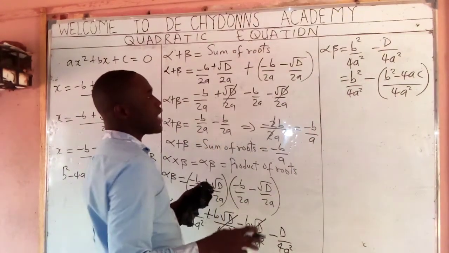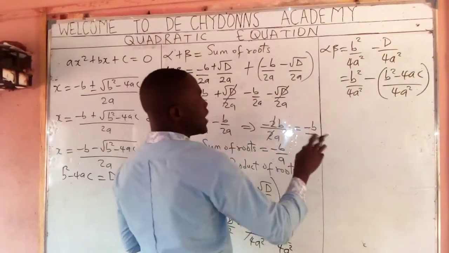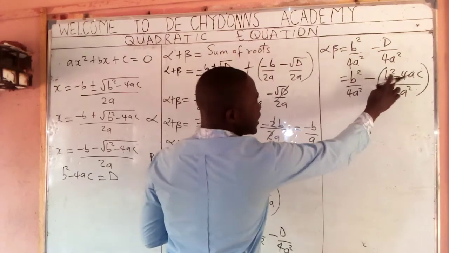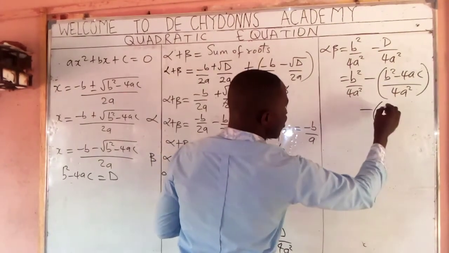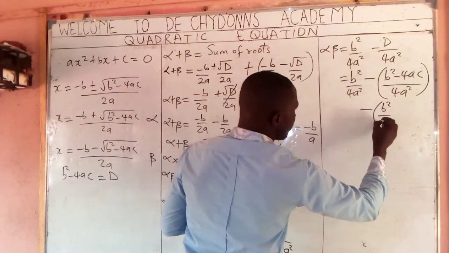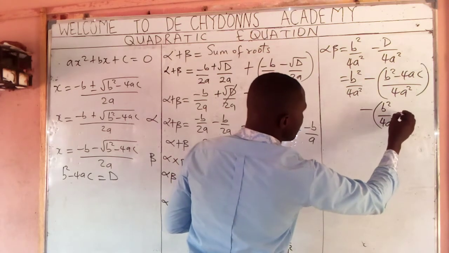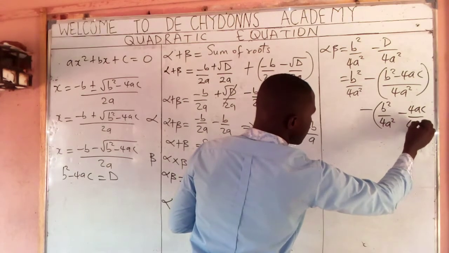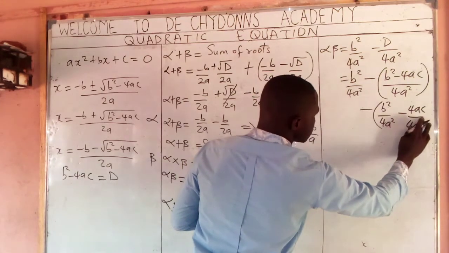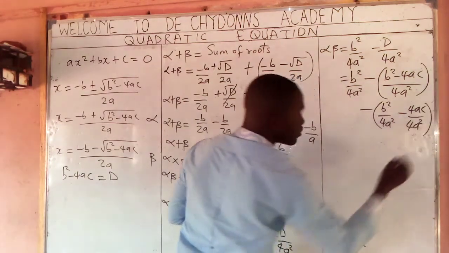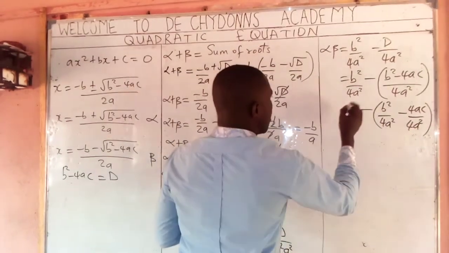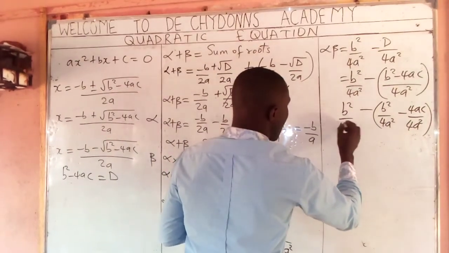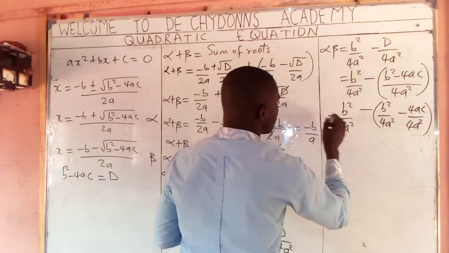So what happened now is, this thing you see here simply means minus b squared over 4a squared minus 4ac over 4a squared. Okay, so we now put it this way.